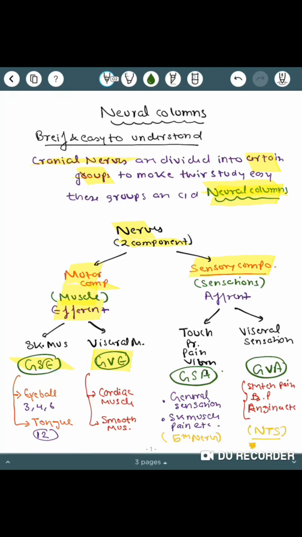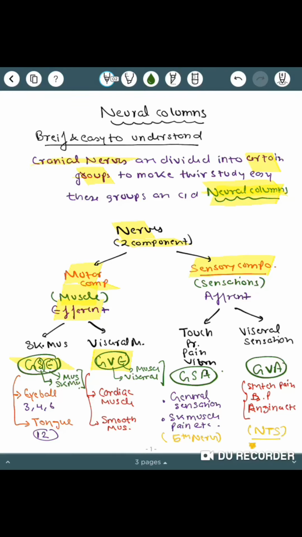The efferent will tell us that it is muscle, and somatic will tell us that it is skeletal muscle. Here efferent will tell us muscle, and visceral will tell us visceral muscle. So it is very easy to remember the actual meaning of GSE and GVE.